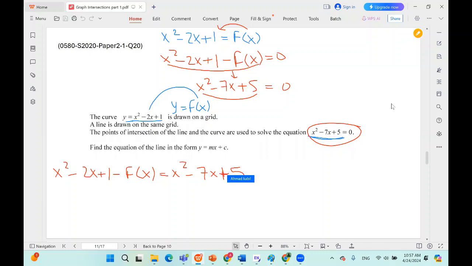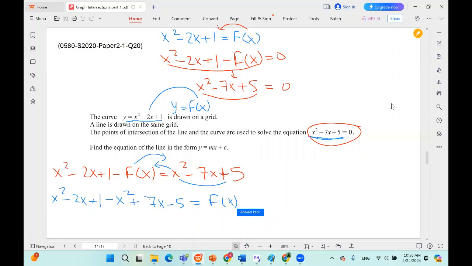Now we want to isolate the f of x. So let's try to take the f of x to the other side so that it becomes positive. And let's take this entire expression and move it to the left as well. So we have x squared minus 2x plus 1, and then minus x squared plus 7x minus 5. And all of this is equal to f of x in the positive.